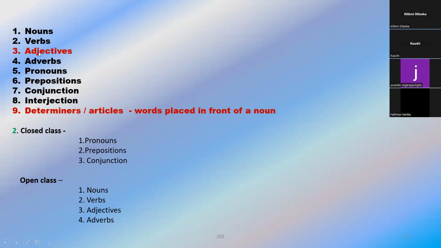That is why it is being highlighted. So traditionally speaking, you did not have the 9th class. Only the 8 classes were available. This is the new class that got added to the list from the modern grammarian's point of view. Articles or determiners, you can call them anyway.